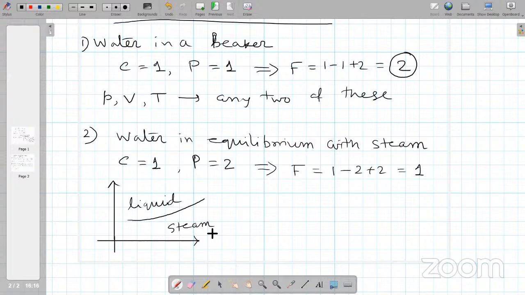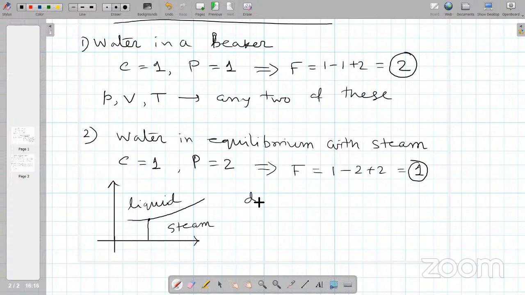For water we call it steam, but in general it is vapor. Now, if we specify any given pressure or temperature, the other is already specified. Now we needed two parameters, and now it reduces to one, because we are talking about a phase equilibrium between water and steam.